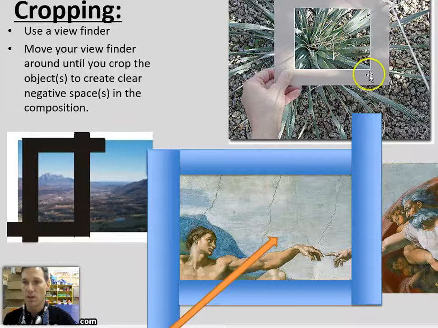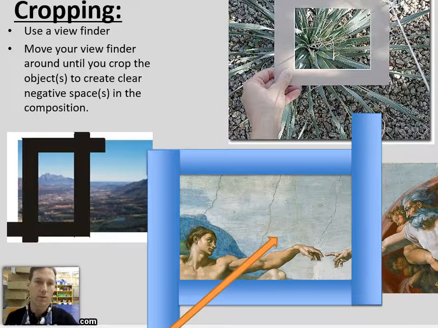If you look though, what the artist has done is been able to make some negative shapes here between the frame of the viewfinder and the leaves of this plant. So you'll see that not only can you arrange your composition, but you can also create negative spaces with your viewfinder. Now, you want to use your viewfinder to create clear definitions between your negative shapes in this particular assignment.